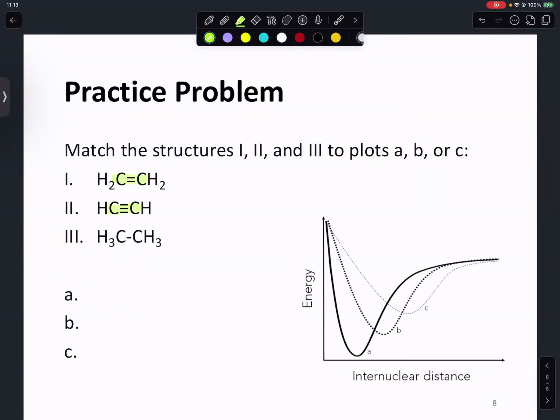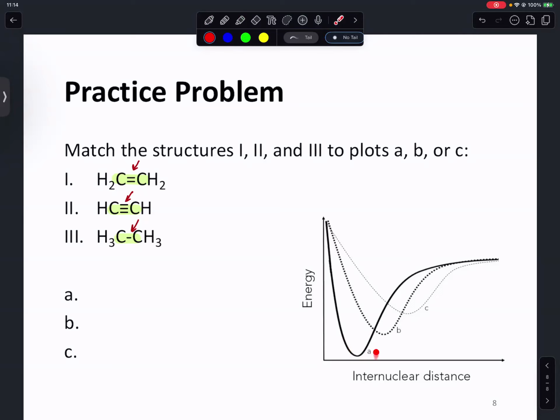So we have here a double, and then we have here a triple, and then we have here a single. And we know from before, and as we learned in bond formation, the lowest part in my plot here indicates the bond length, and the lower the energy, the more stable or the stronger the bond.